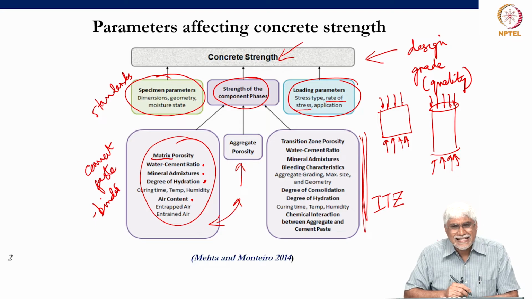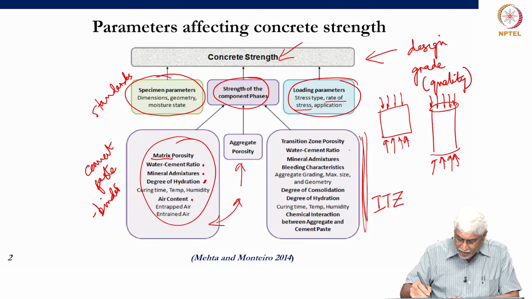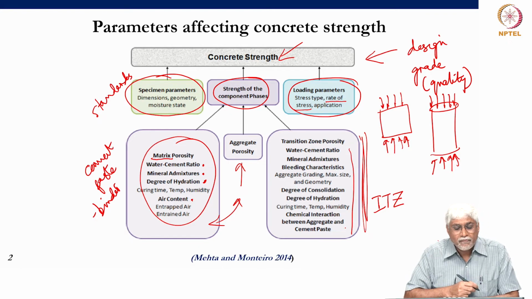The ITZ depends on the water cement ratio, whether we have pozzolanic admixtures or not, whether we have done compaction well, curing well, and so on. All this affects the strength of the concrete.